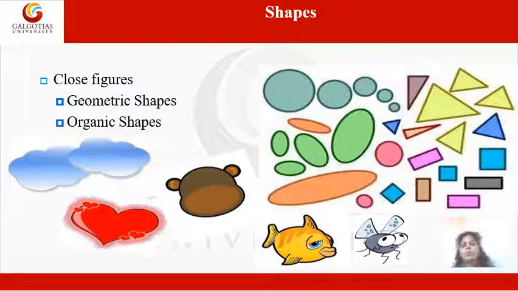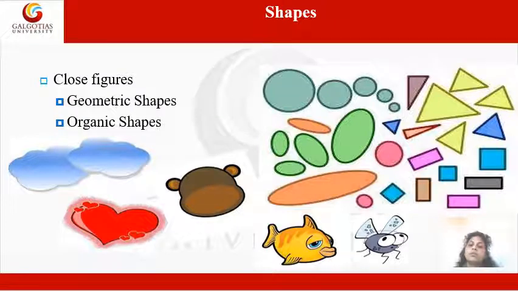Okay, now coming to the shapes. If you remember your previous lecture in which we talked about the types of art, cubism was there. Cubism has taken from geometry, or geometric shapes. In the geometric shapes, we have all these types of shape.